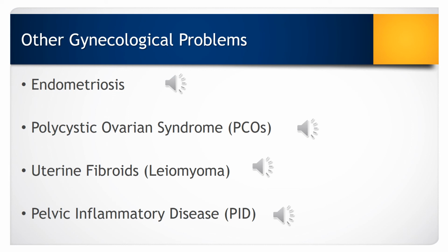For women who are having heavy, irregular periods and who are no longer of childbearing age, or not wanting any more children, hysterectomy, in which the entire uterus is removed, is also an option.